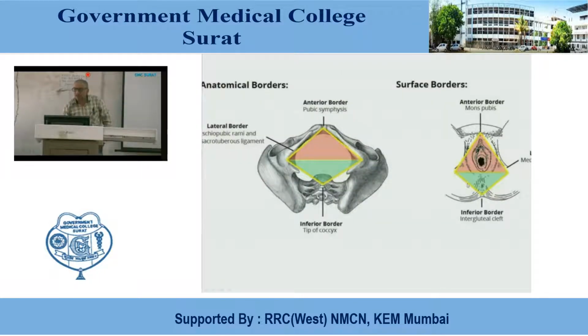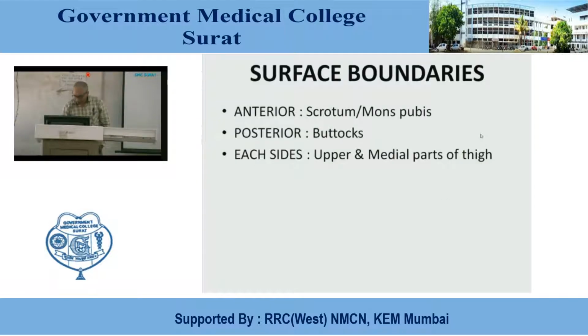This is the surface boundary, because one can see all the structures. Anteriorly it is bounded by the scrotum in the male, and in the female by the mons pubis. Posteriorly, two buttocks are there, and on each side, the upper and medial parts of the thigh.